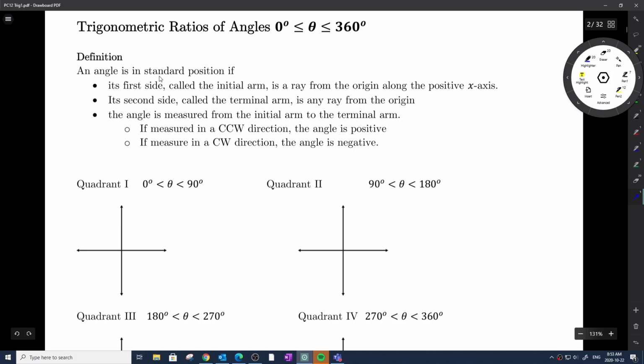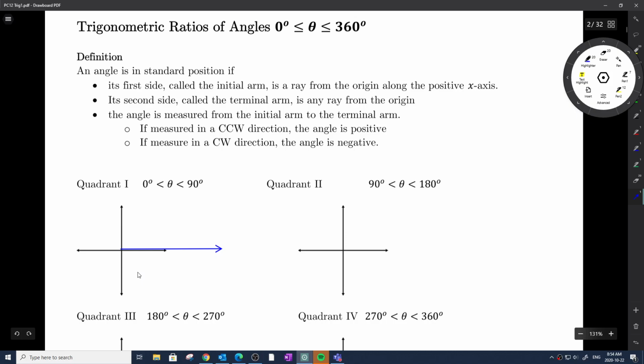An angle is in standard position if its first side, called the initial arm, is a ray from the origin along the positive x-axis. So allow me to draw that for you. This is called the initial arm.